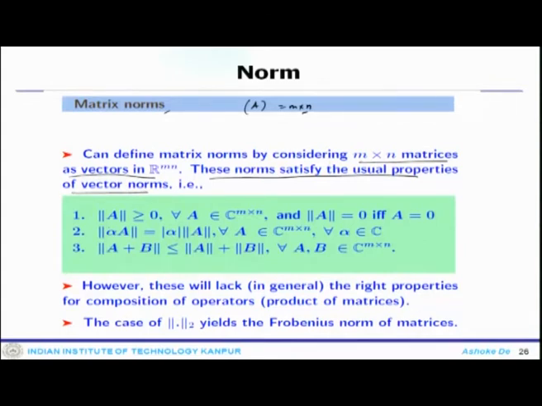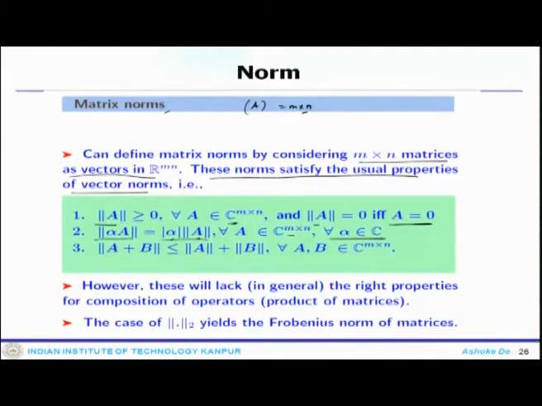For example, the magnitude of A must be greater than 0 for all A belonging to the space Mn, and the magnitude of A would be 0 if and only if A is 0. Secondly, if you multiply A with a scalar and take the magnitude, it can be equivalently represented as mod alpha times the magnitude of A, for all A belonging to Cmn and all alpha belonging to C.